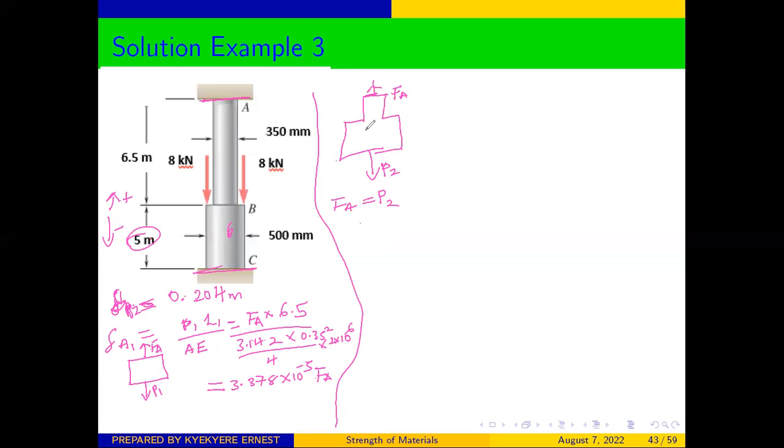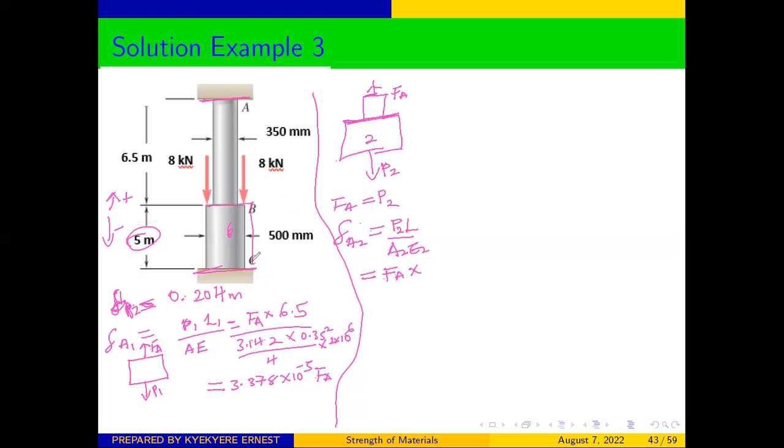And we can write our deformation for this second section here, because that is what we are looking for. So delta A2 will be equal to P2 L2 over A2 E2. And from there we can say that our deformation will be equal to P2, which from the question is the same as FA. So we can write FA times the length of the second section.